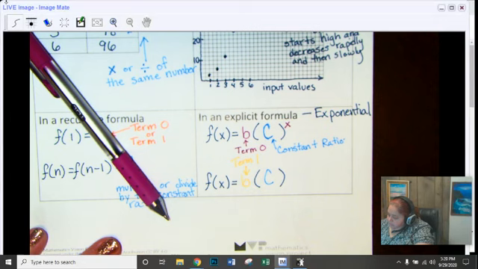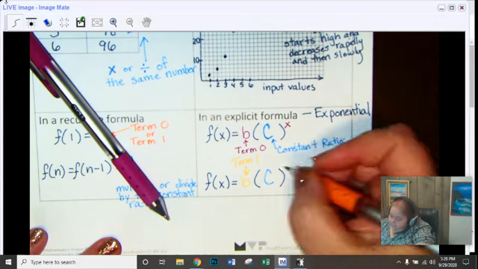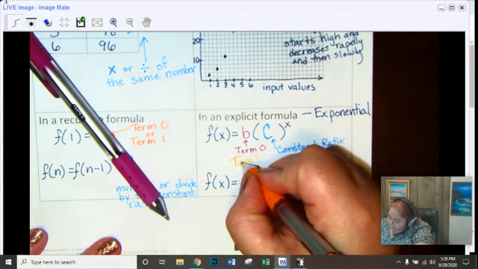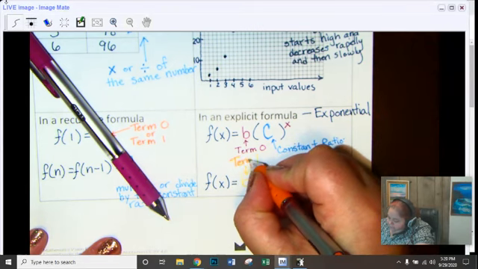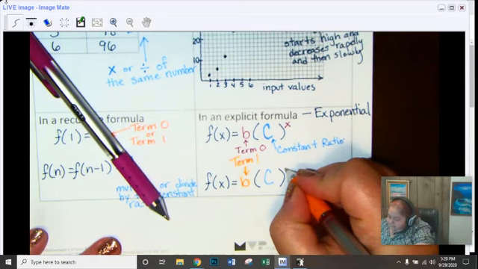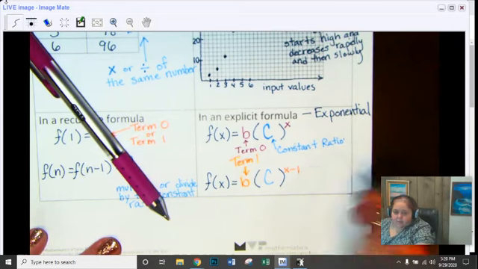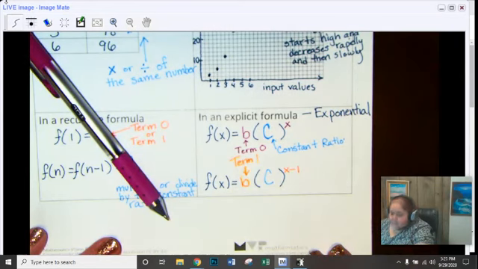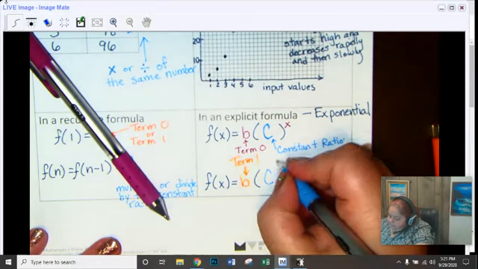If you have your term 1, then your exponent has to be x minus 1. But the constant ratio stays the same.